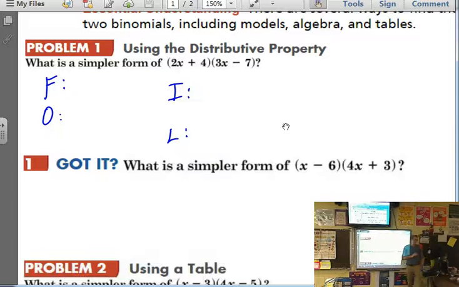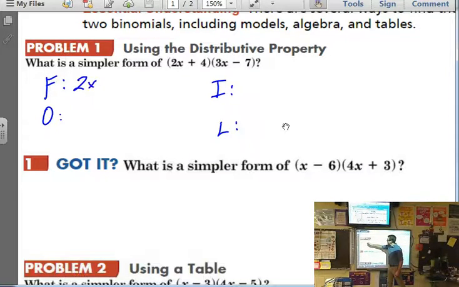What are my first terms that are going to multiply together? Michelle? The 2x and the 3x. And that will give us 6x squared. My outer terms, so now I look at the whole thing together: 2x is on the outside, and negative 7.